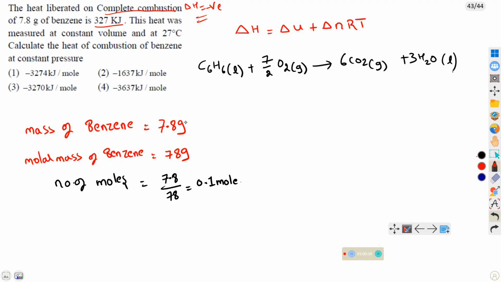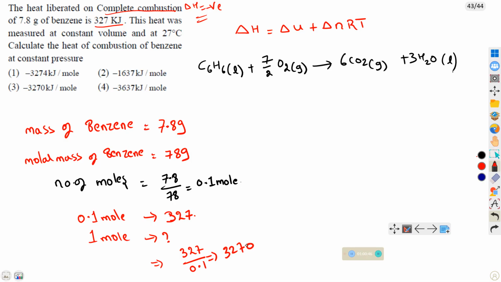Mass of benzene is 7.8, molar mass of benzene is 78, number of moles is 0.1 mole. 0.1 mole of benzene liberates 327 kilojoules of energy. Then 1 mole of benzene liberates how many kilojoules of energy? 327 by 0.1, that is equal to 3270.